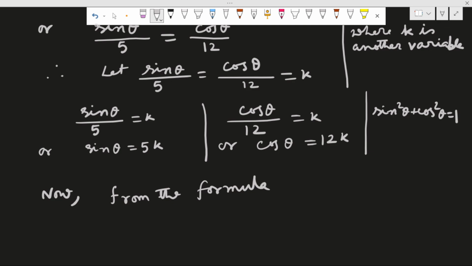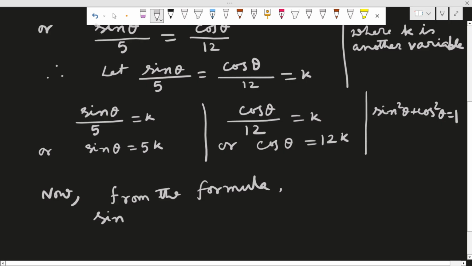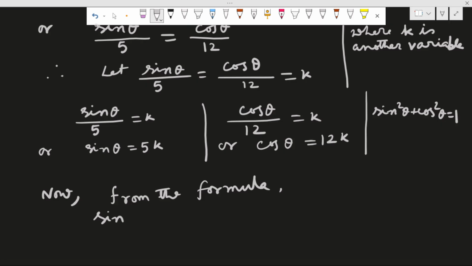There are so many formulas, but we are using this formula because sin and cos are involved here.